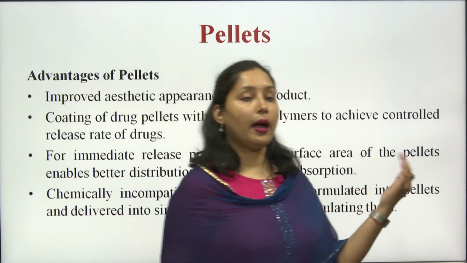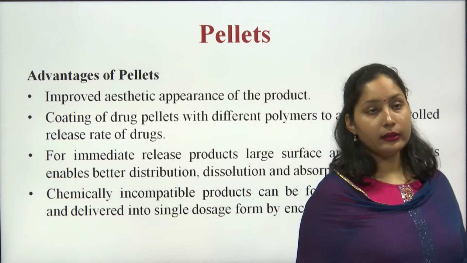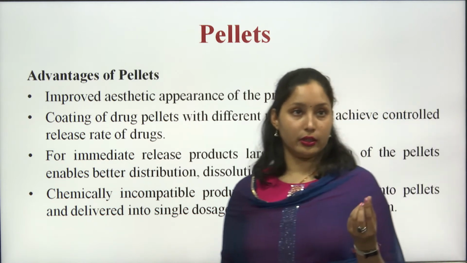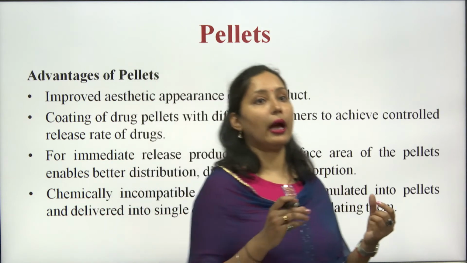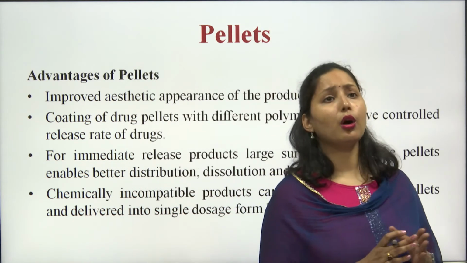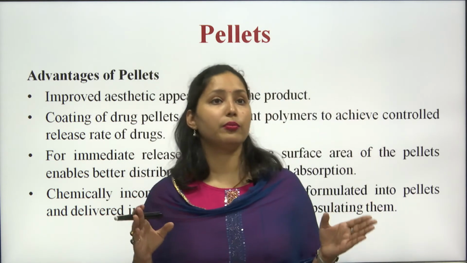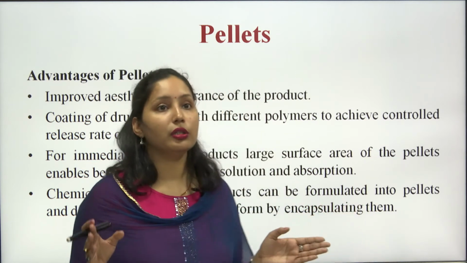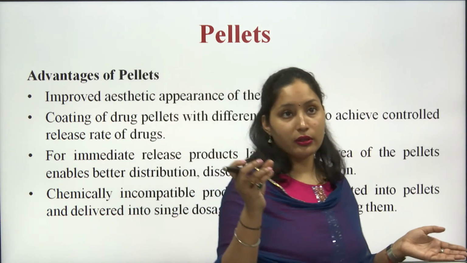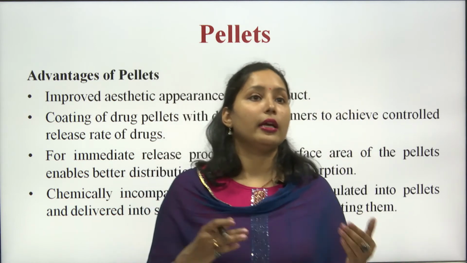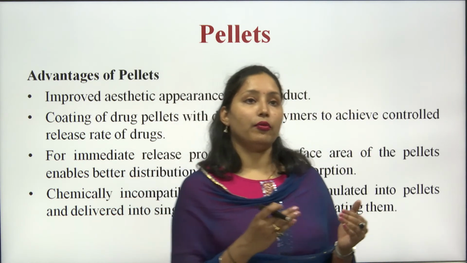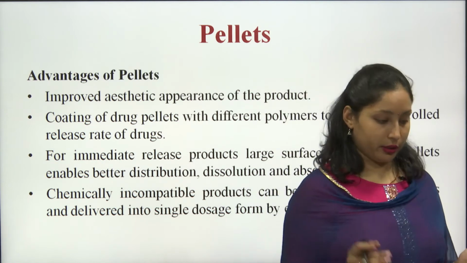So, if I am preparing an immediate release product, due to its small size, we always know that the smaller the size, the better will be the distribution, dissolution and absorption. The smaller the size, the better the absorption rate. So, it is a very good candidate for an immediate release product.